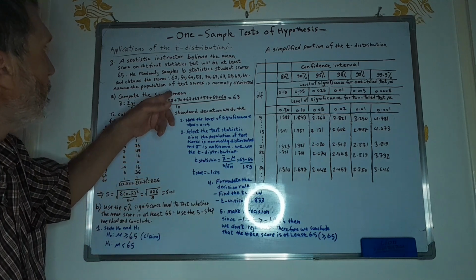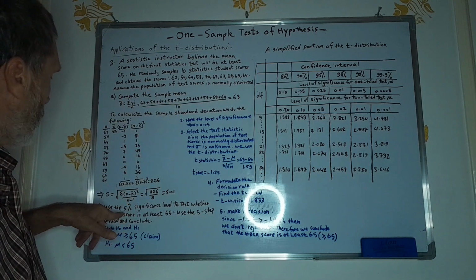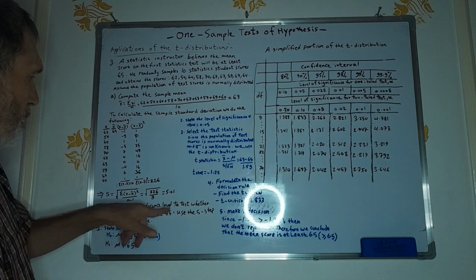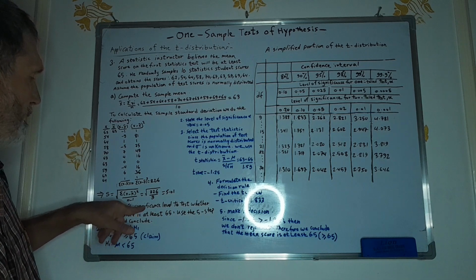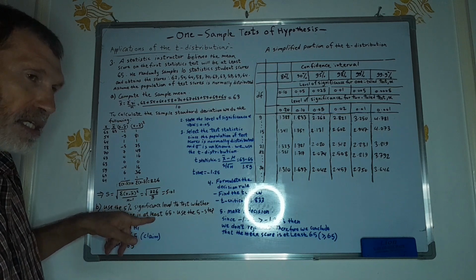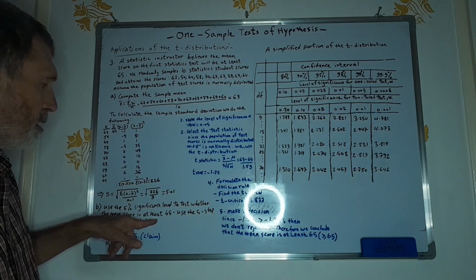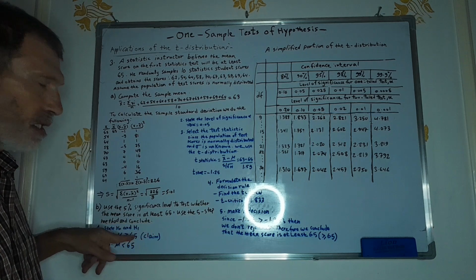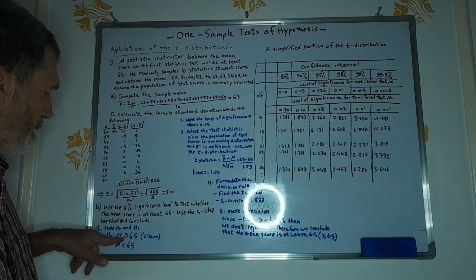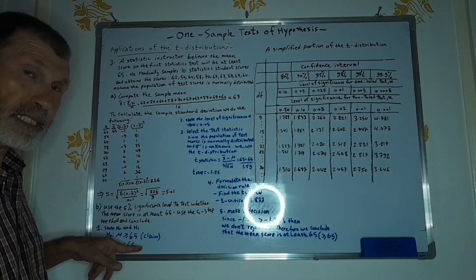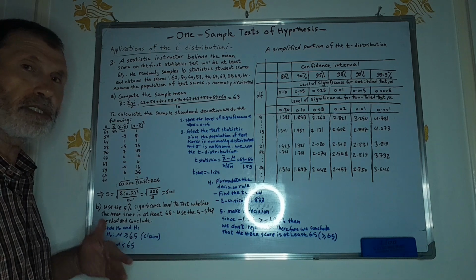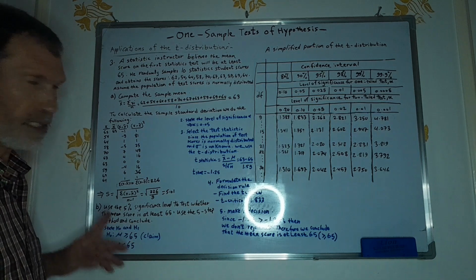Here, we have to test whether the mean score is at least 65, that is, greater than or equal to 65. So the claim is appearing in the null hypothesis. Since it is the mean is greater than or equal to 65, the alternative hypothesis is going to be contradictory to it, which is less than 65.